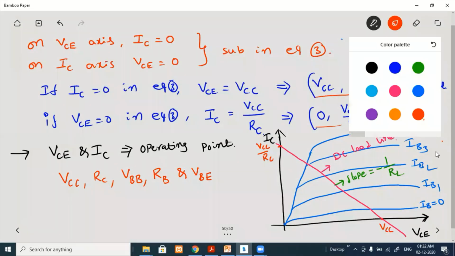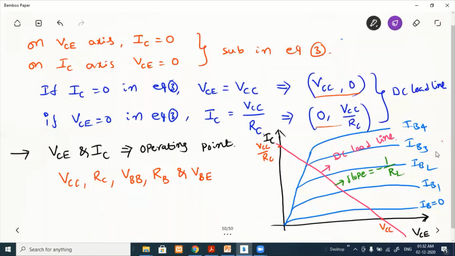So as to obtain the operating point, first fix VCC and RC. By fixing these two values, we can ensure that the operating point of the transistor must lie on the DC load line.